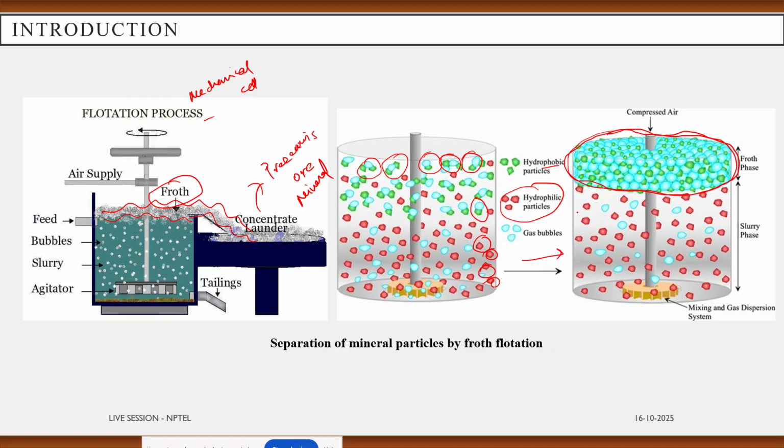Over the process, these hydrophilic particles will settle down, or remain inside the reactor, and will be collected from the bottom, which is known as tailings. So the tailings will have our undesirable gangue. Okay, so this is the typical flotation process by which we are separating the mineral particles.